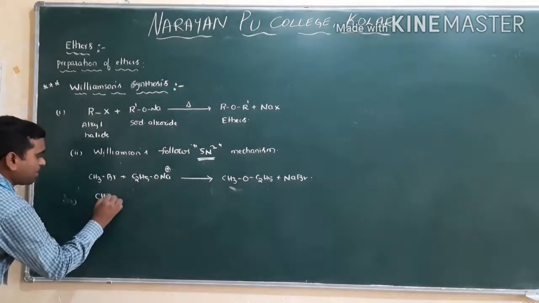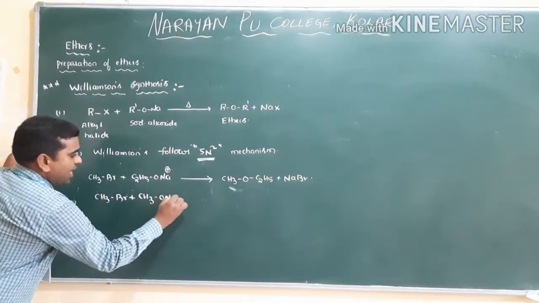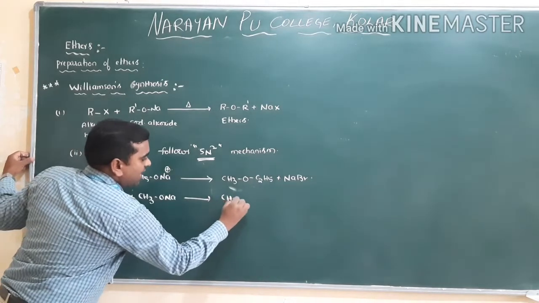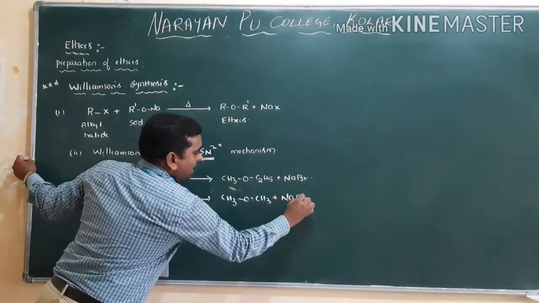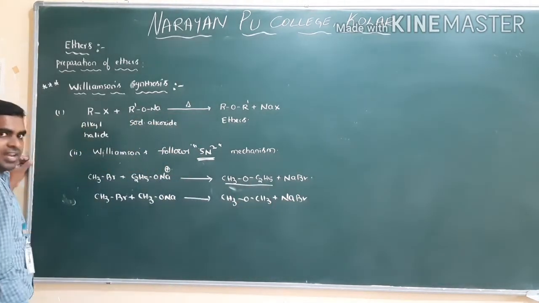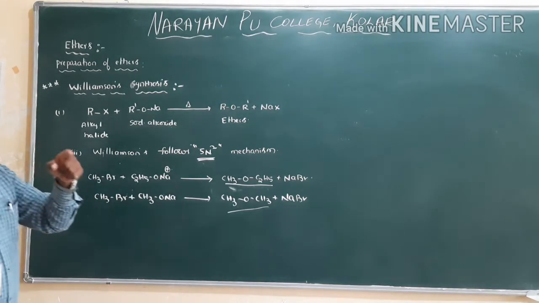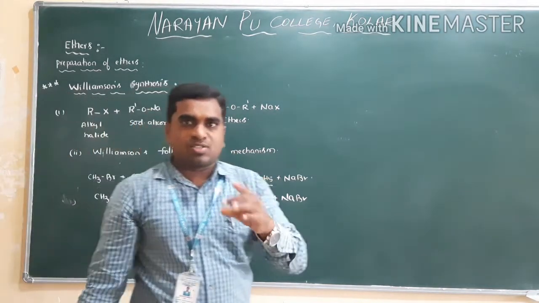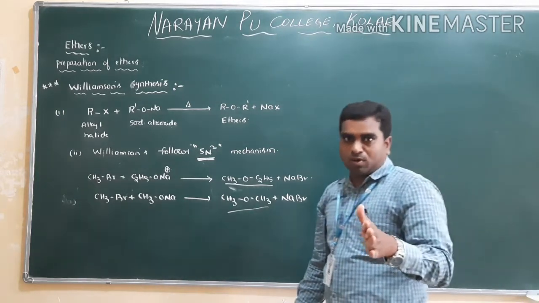If I take a simple example, CH3Br and CH3ONa, then I will get CH3OCH3 plus NaBr. This is a symmetrical ether.